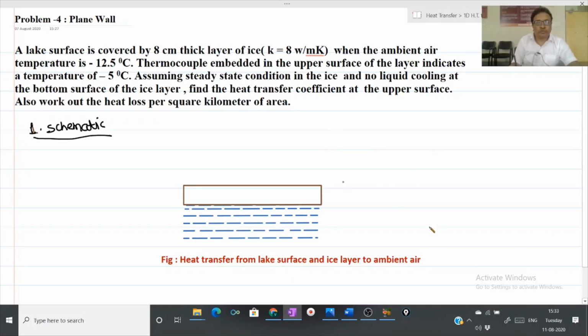So in this problem, there is a lake, and over the upper surface of this lake, that is here, the ice layer is formed. And this ice layer is exposed to the ambient air. So this is nothing but ambient air.